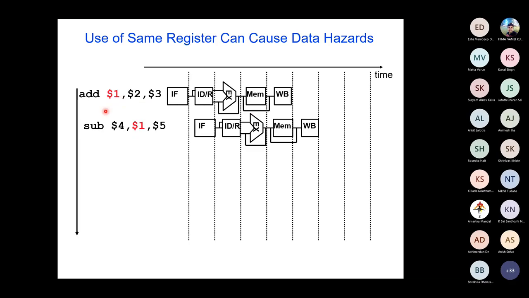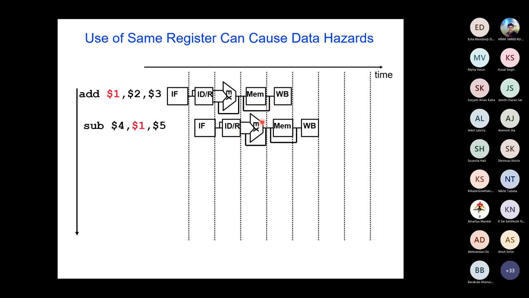So register 1 is being updated here, and you want to read the content of the register here. This is the instruction decode and register read. Your register is being updated in clock cycle 5, and in the next instruction, which has entered into the pipeline, you are reading the source information in clock cycle 2.